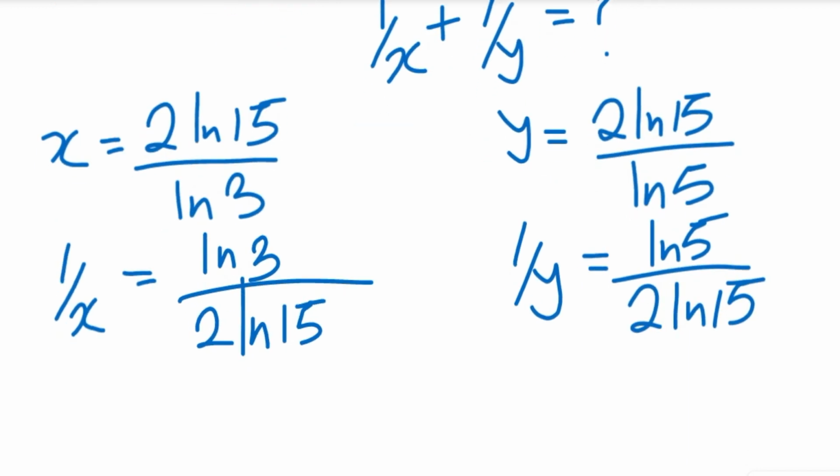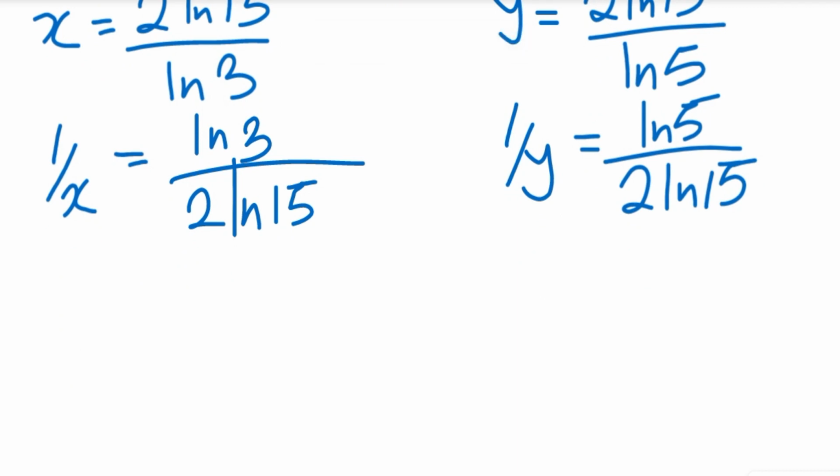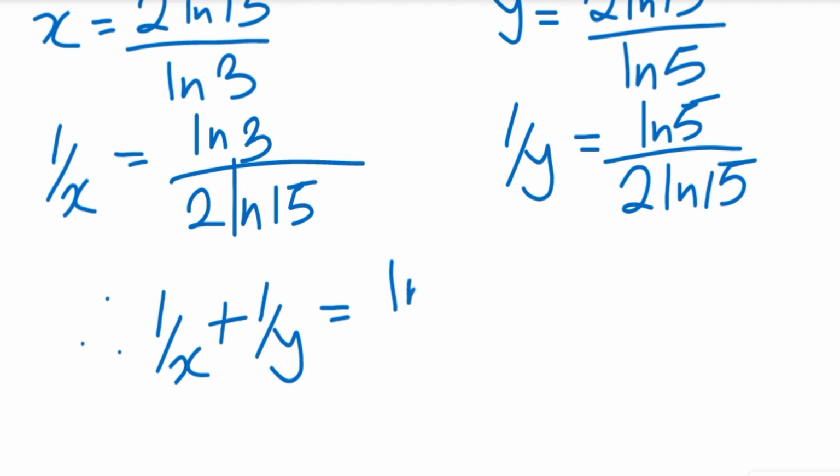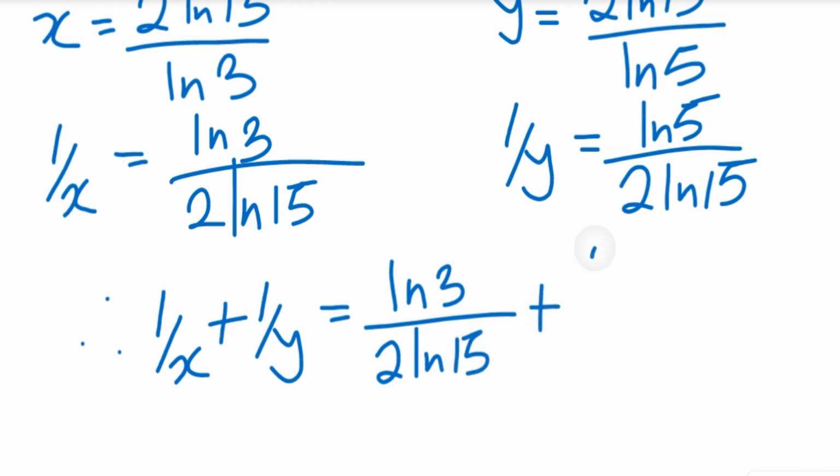So when we substitute that into the equation, 1 divided by x plus 1 divided by y will now give the expression: the natural log of 3 divided by 2 times the natural log of 15, plus the natural log of 5 divided by 2 times the natural log of 15.